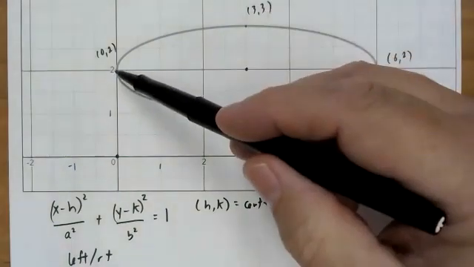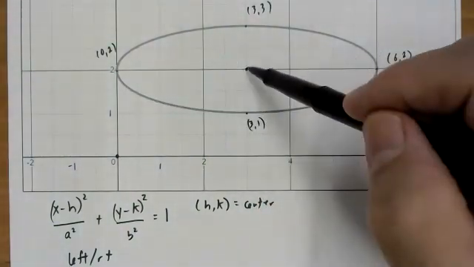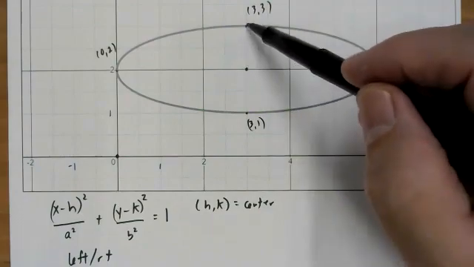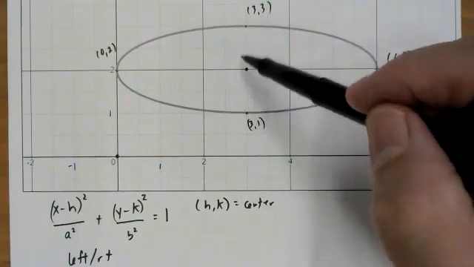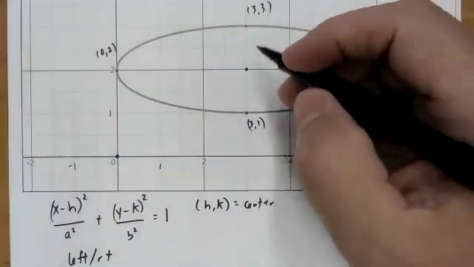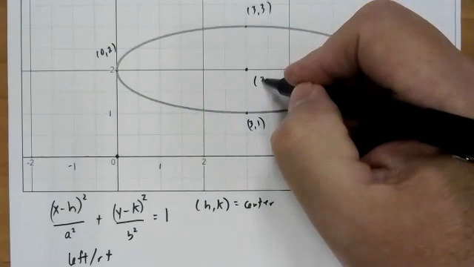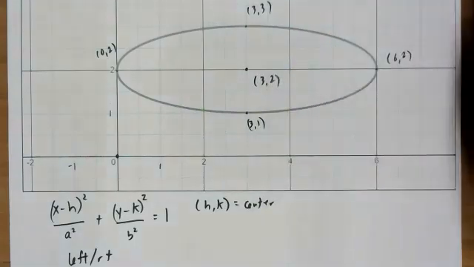The center is going to be half of this distance. From here to here is 6, so half of it is going to be 3. And half of this distance from here to here is 2, so half of it is going to be 1. So we can see the center is going to be (3, 2).